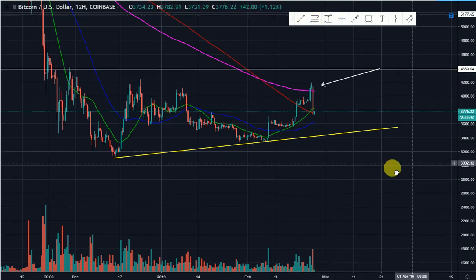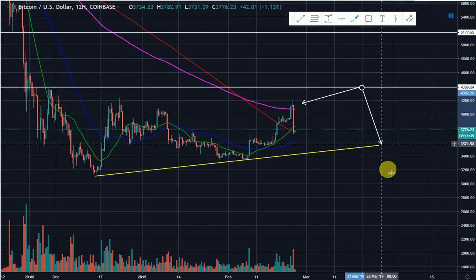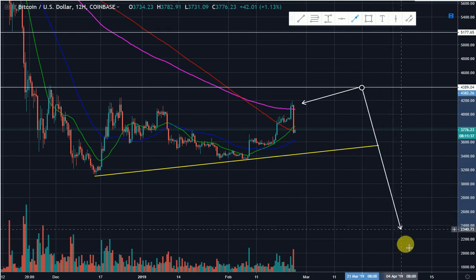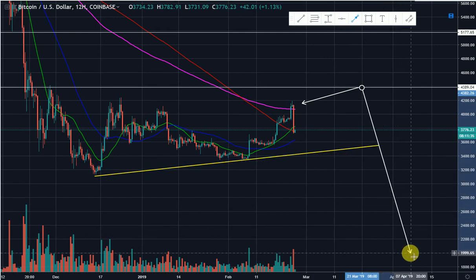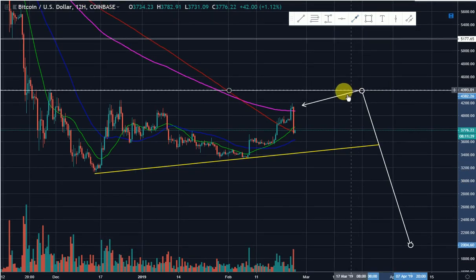If we can get to 4,400, that's still a sign of a weak move. If we can only get here in the next few months, if that's the high, Bitcoin can drop substantially. My target then is down between 1 and 2,000 if we cannot get past the 4,400.